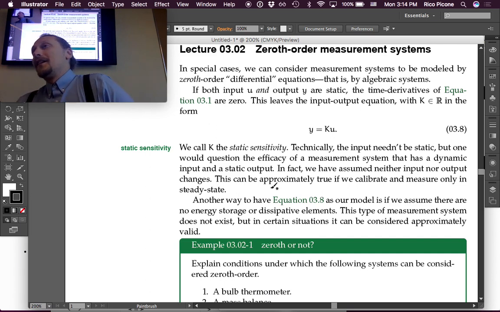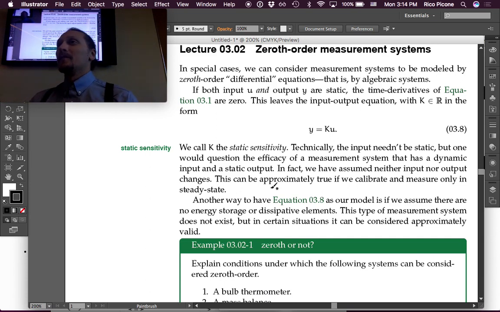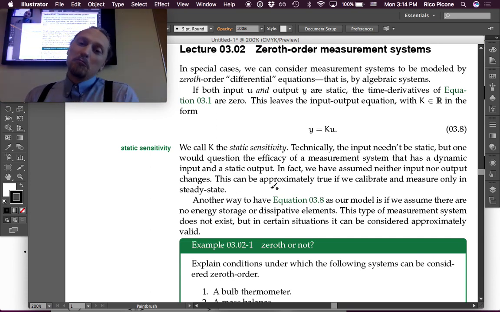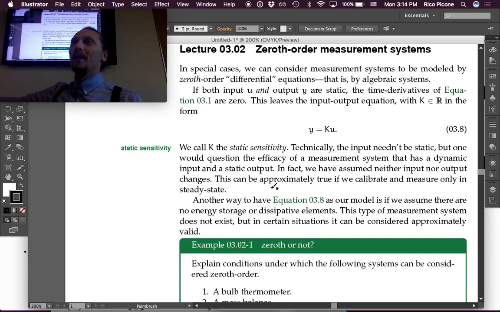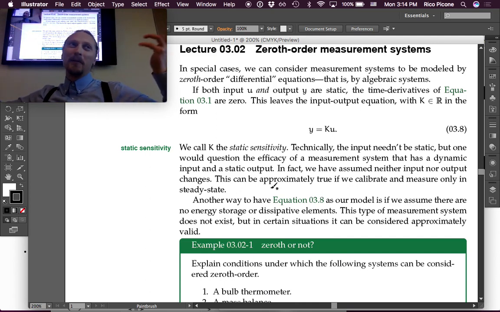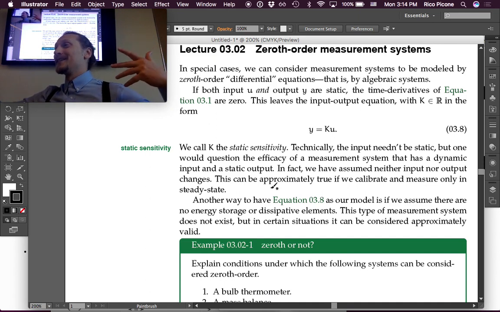I feel like that would be a bad measurement system. The input in these measurement systems is the measurand, right? It's what we want to measure. So if it's changing and our measurement system's not changing, pretty bad measurement system. Might want to go back to the drawing board on that one.